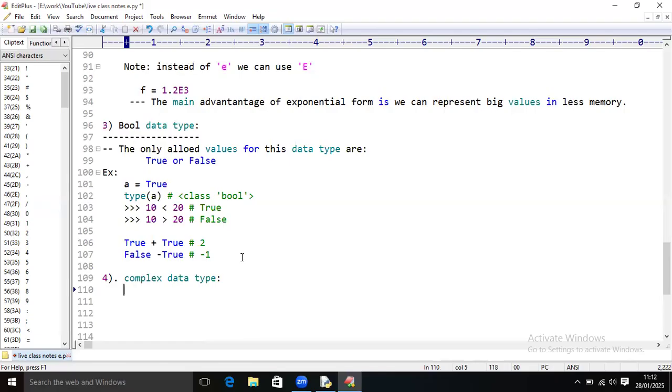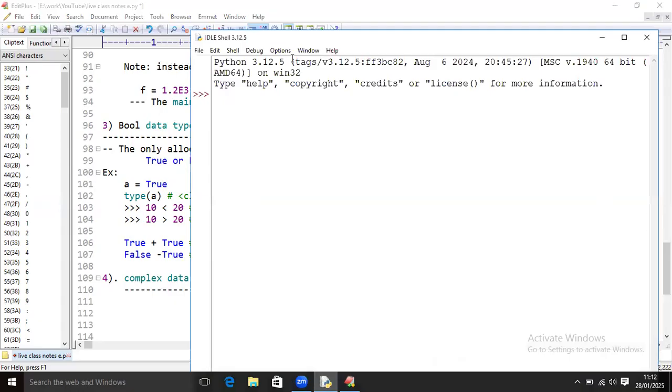Complex data types consist of both real and imaginary parts. How can we represent complex numbers? How do they look? Let's have an idea about this one.